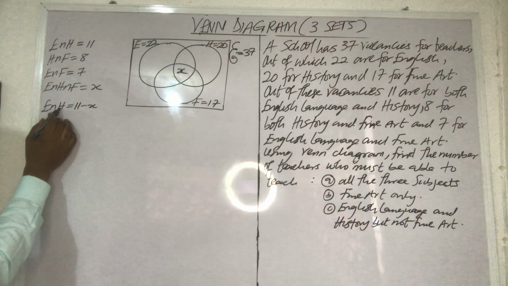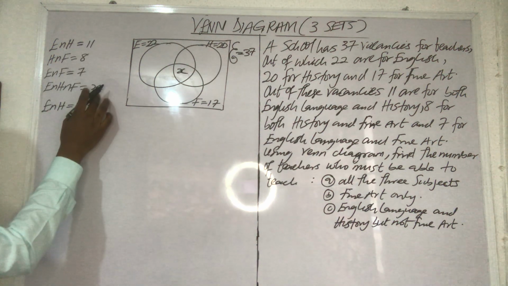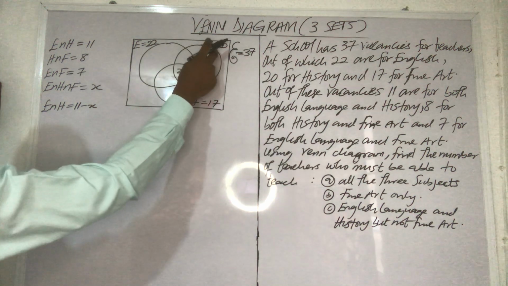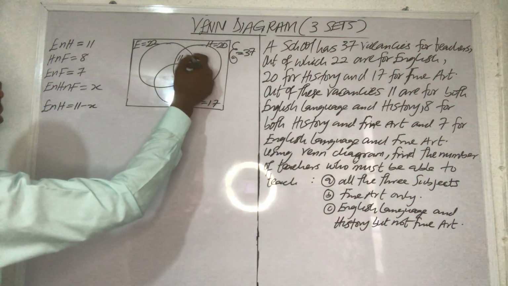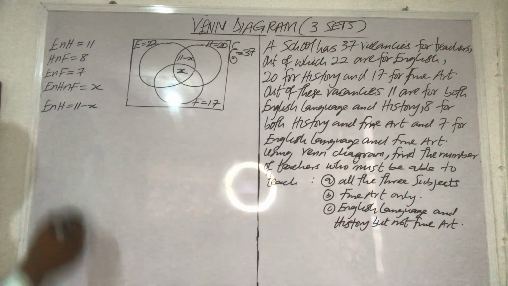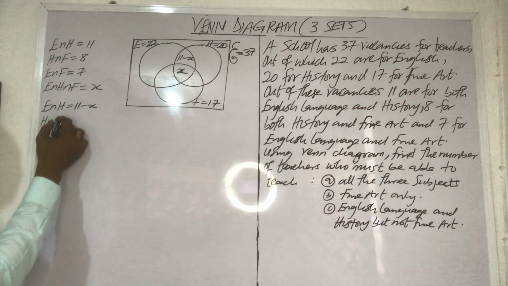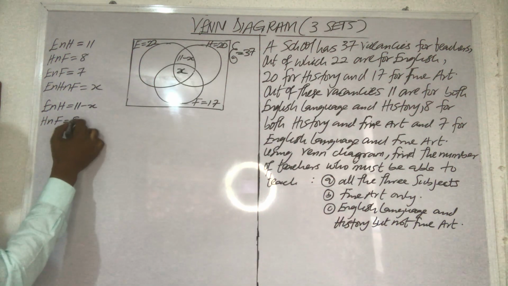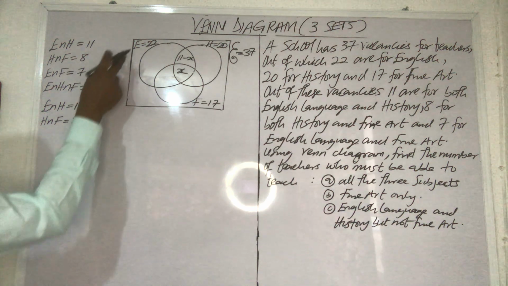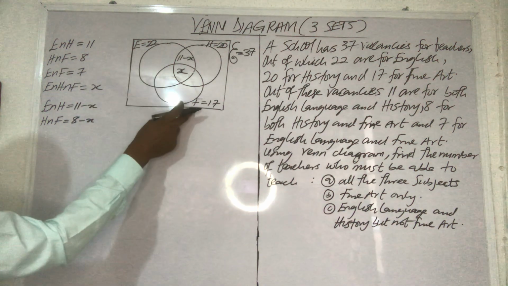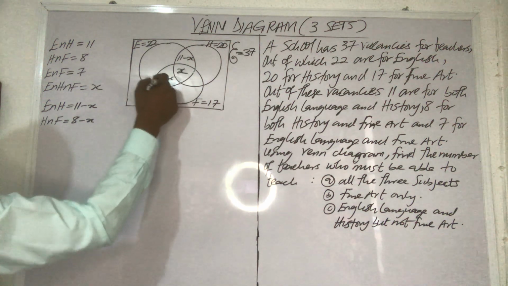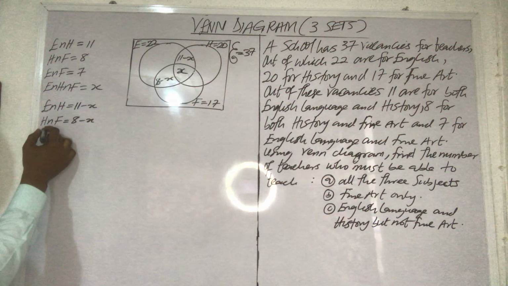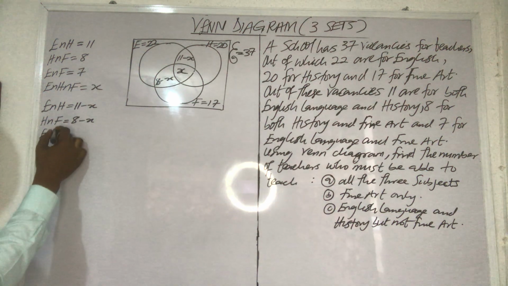English intersection history will be 11 minus X. So you have English and history, 11 minus X. So this place will be 11 minus X. History intersection fine arts will be 8 minus X.